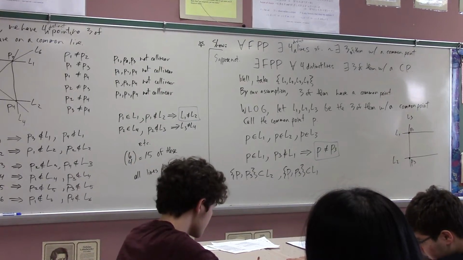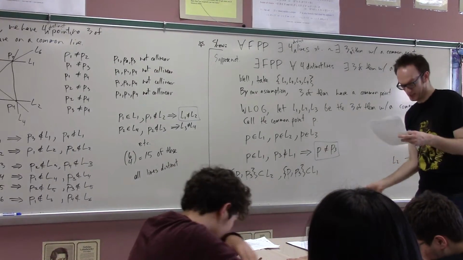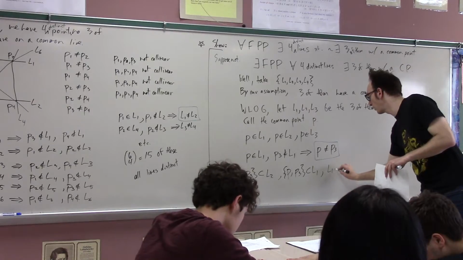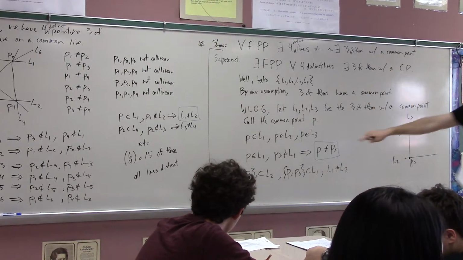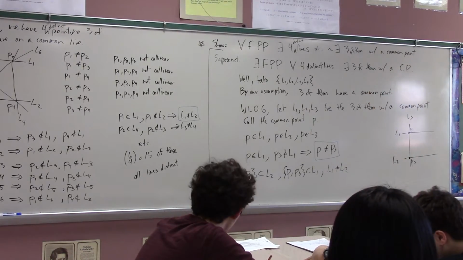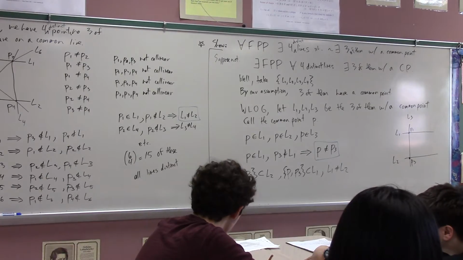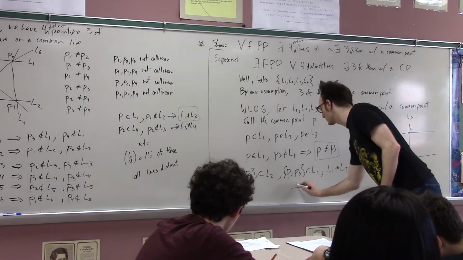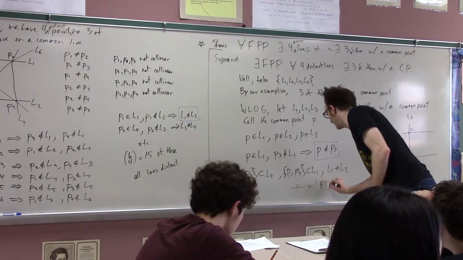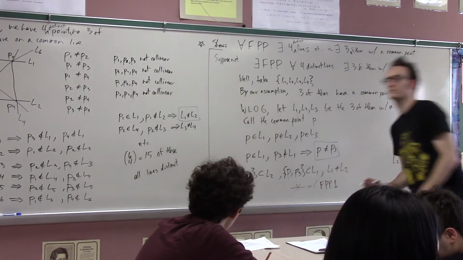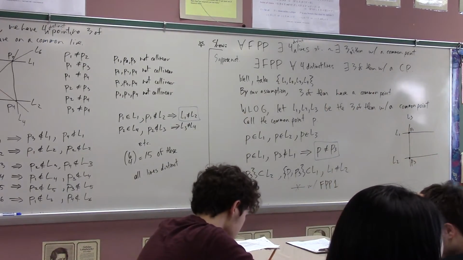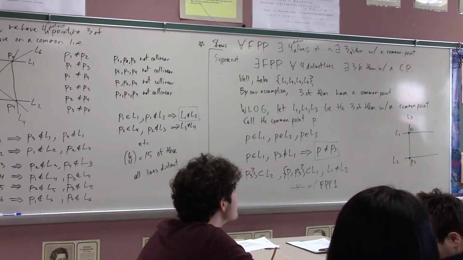This is impossible. If P and P3 are on L2 and P and P3 are also on L1, but L1 and L2 are not equal, this is a contradiction with FPP1.